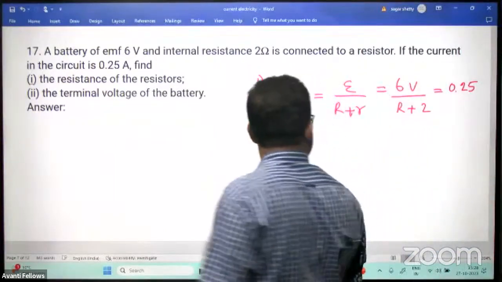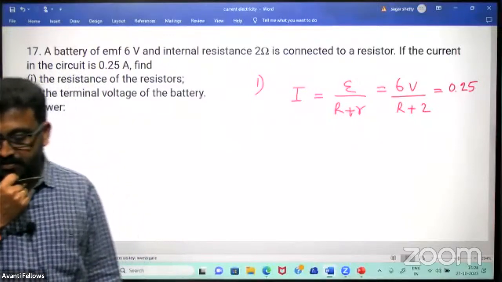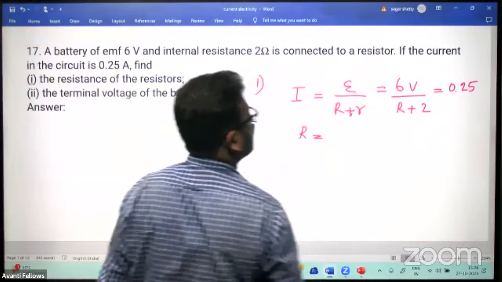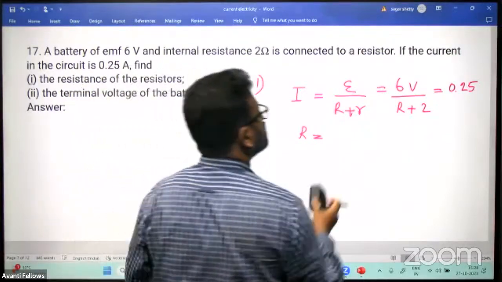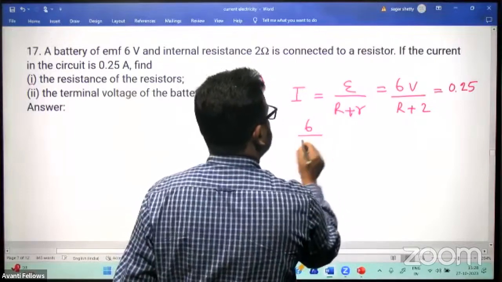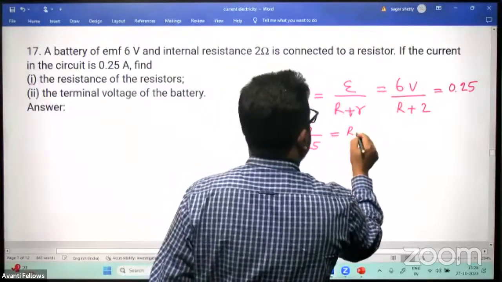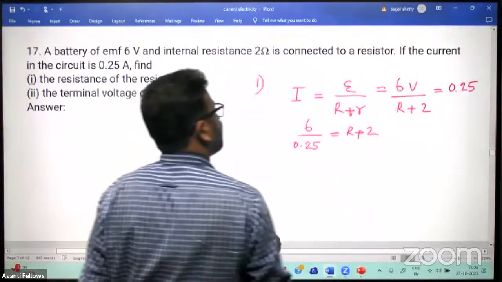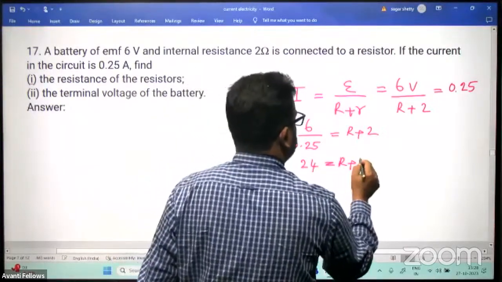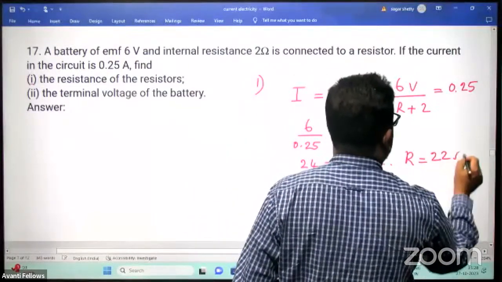And we get the value of capital R. How to find out that? 6 by 0.25 equals R plus 2. 24 equals R plus 2. Therefore, R equals 22 ohms.